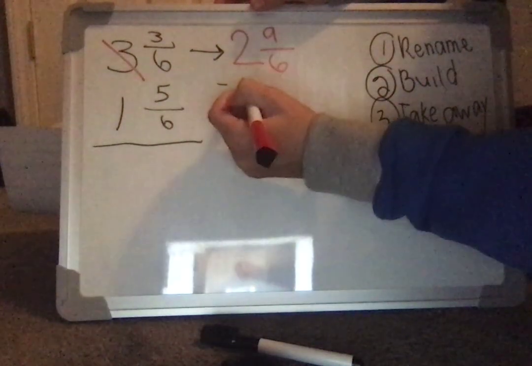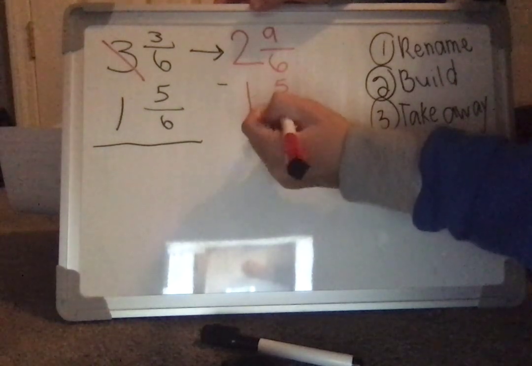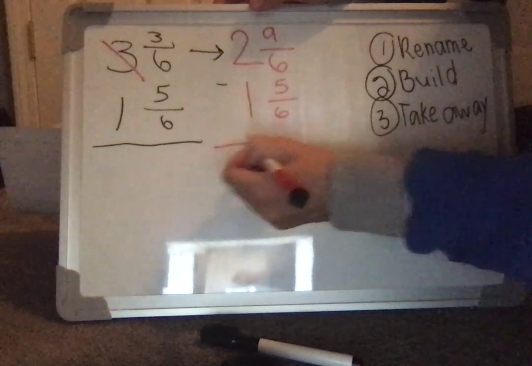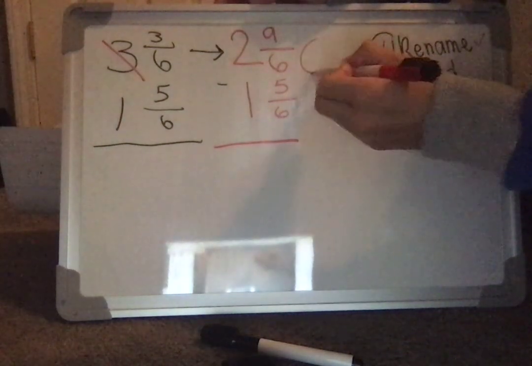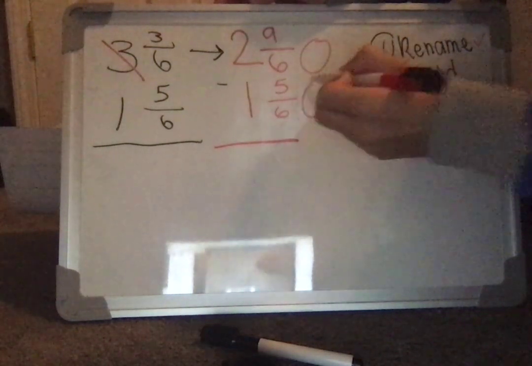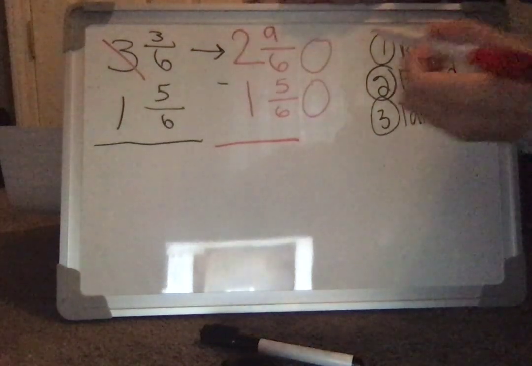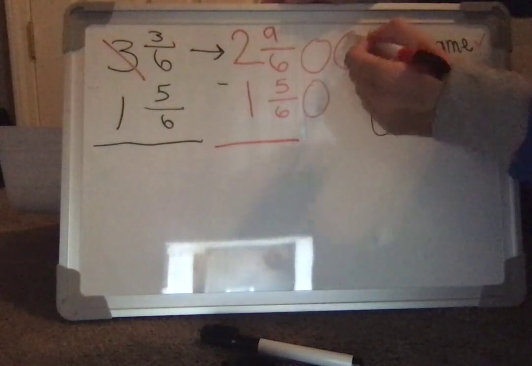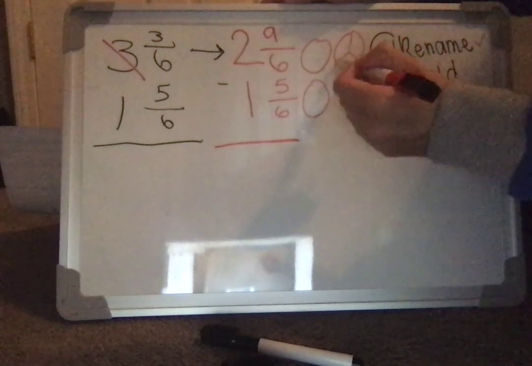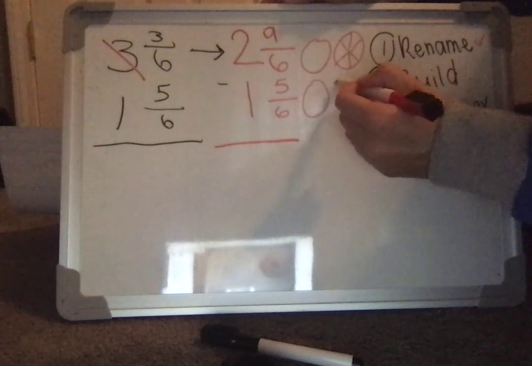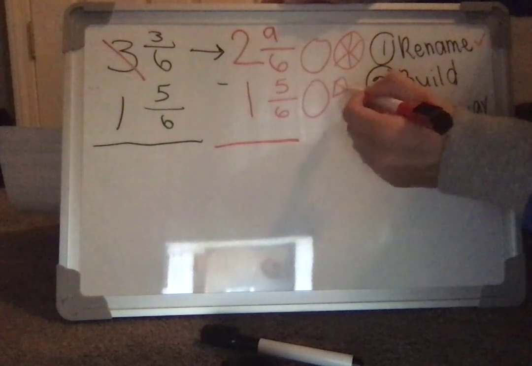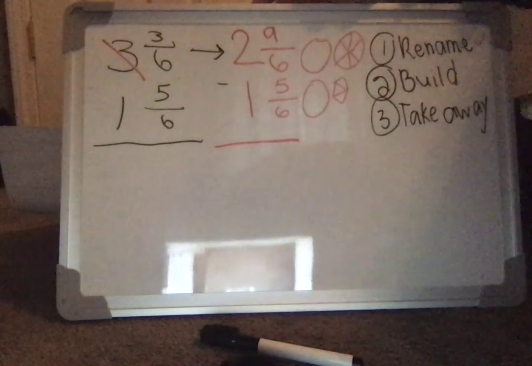And now I keep my bottom fraction the same, mixed number the same. So I renamed, and now I need to build. So I have 2 wholes, and then I have 9/6. So that's 6/6, 7, 8, 9.